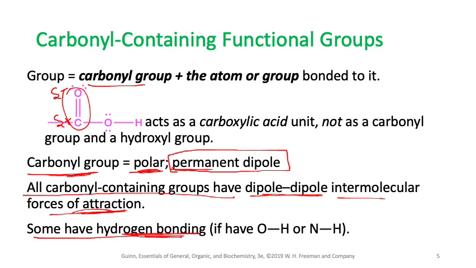For example, let's see the structure that is given on the top. So this is a carbonyl group, and then on the carbonyl group what we have? An alcoholic group, and together carbonyl plus alcoholic, a carboxylic acid group, right? So if you have a carboxylic acid functional group, it can form a hydrogen bond along with the dipole intermolecular force of attraction. Why?